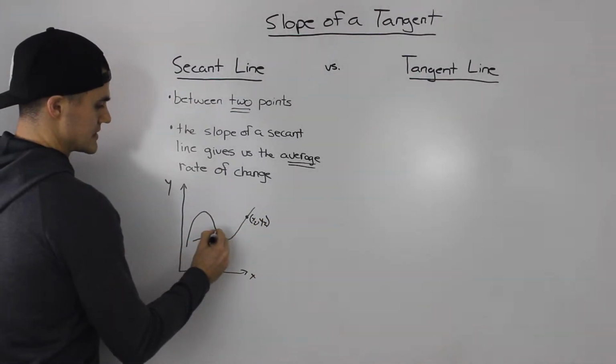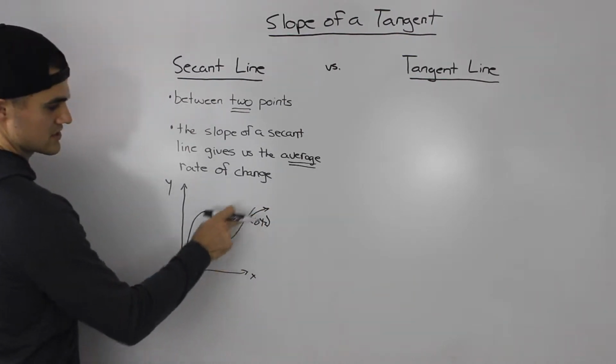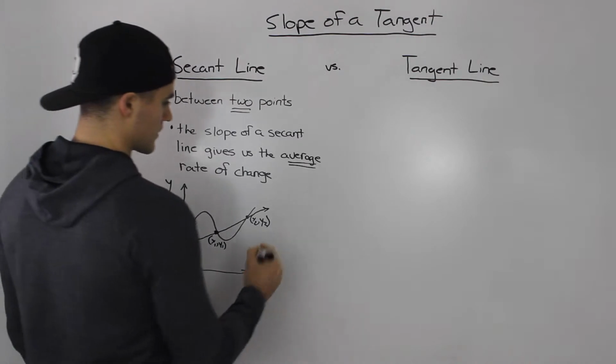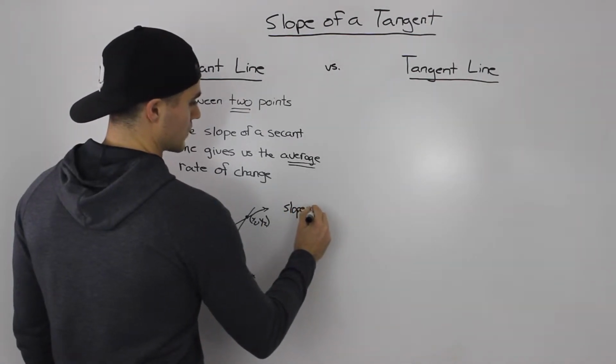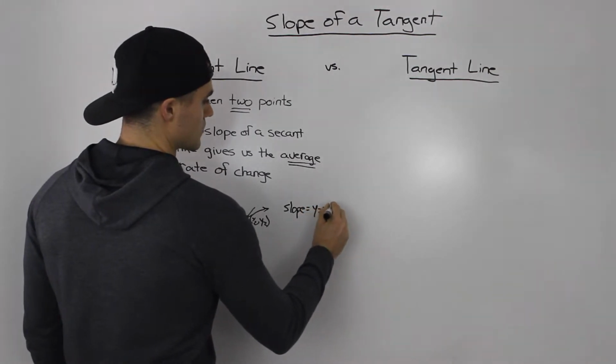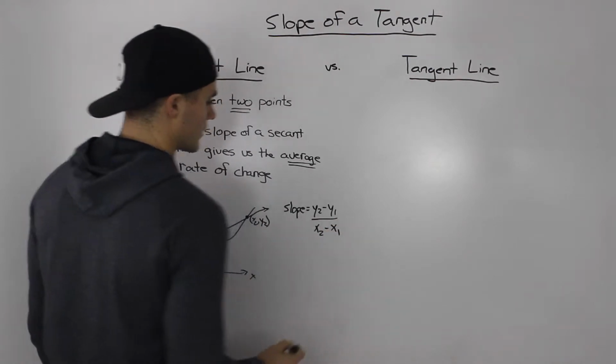And we draw a secant line through these points. So this is the secant line going through the function. Then what's the slope equal to? Well, if you recall, it's just y2 minus y1 over x2 minus x1.